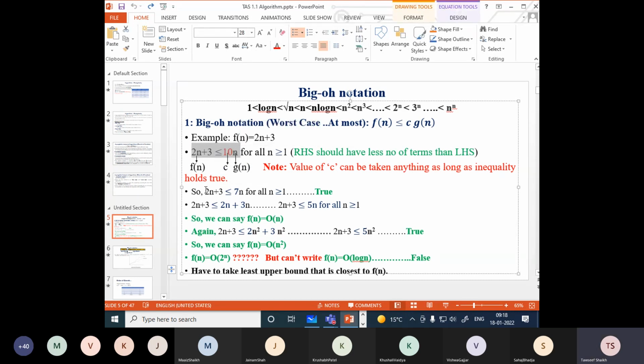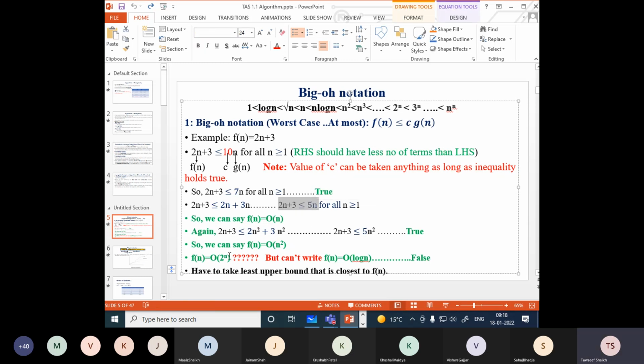Upper bound is this one also, 2n plus 3 less than or equal to 7n. Upper bound is this one also, 2n plus 3 less than or equal to 5n. Upper bound is this one also, 2n plus 3 less than or equal to big O n square. Upper bound is also f of n equal to big O 2 power n. But we have to see which one out of them is the least. That will be the big O of this function. And least is this one.